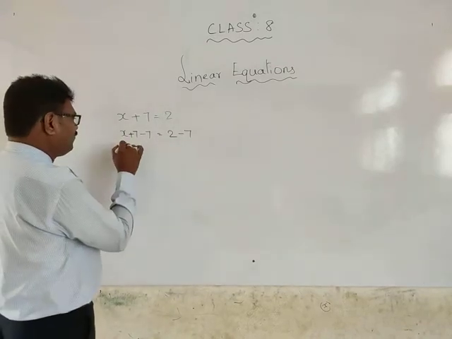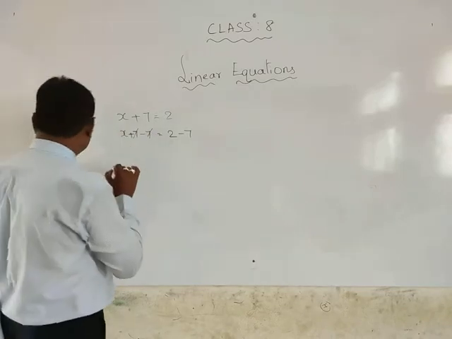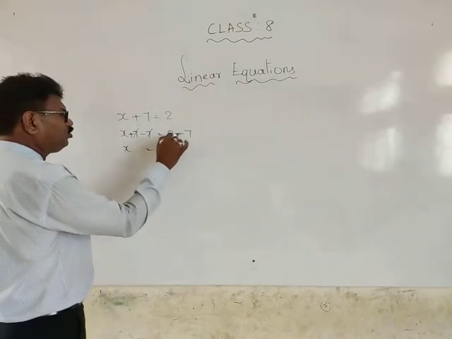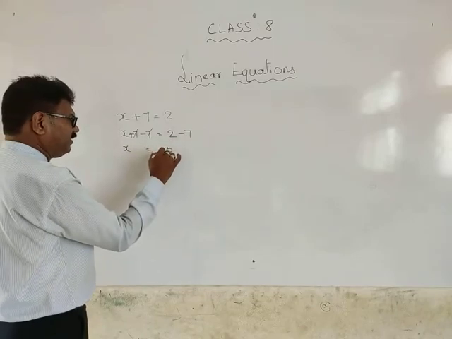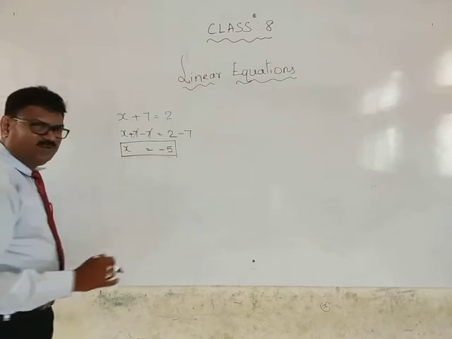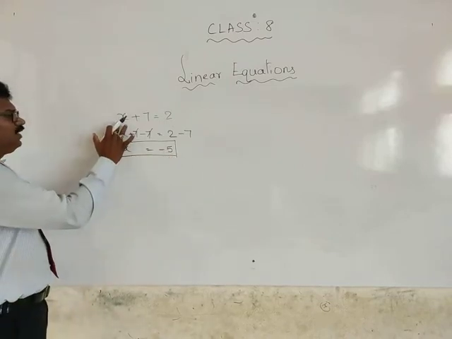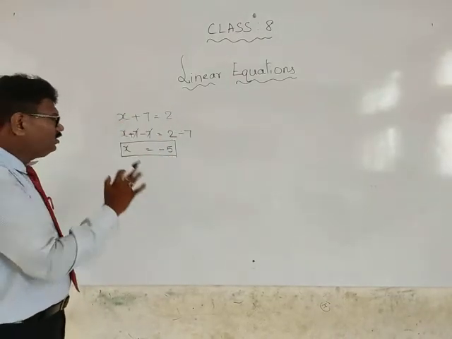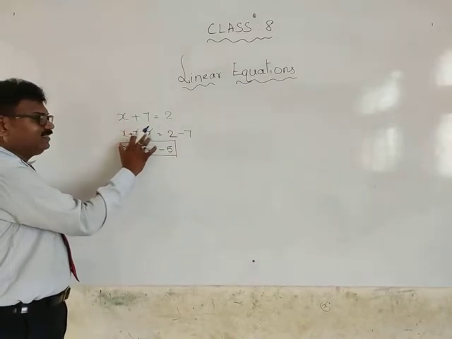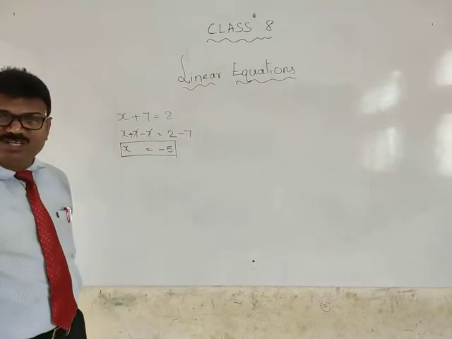Therefore, plus 7 minus 7 cancel. Therefore, x is equal to 2 minus 7, which is minus 5. Did you understand? So, x plus 7 equal to 2, plus is there, therefore minus 7. We should add minus 7 on both sides.